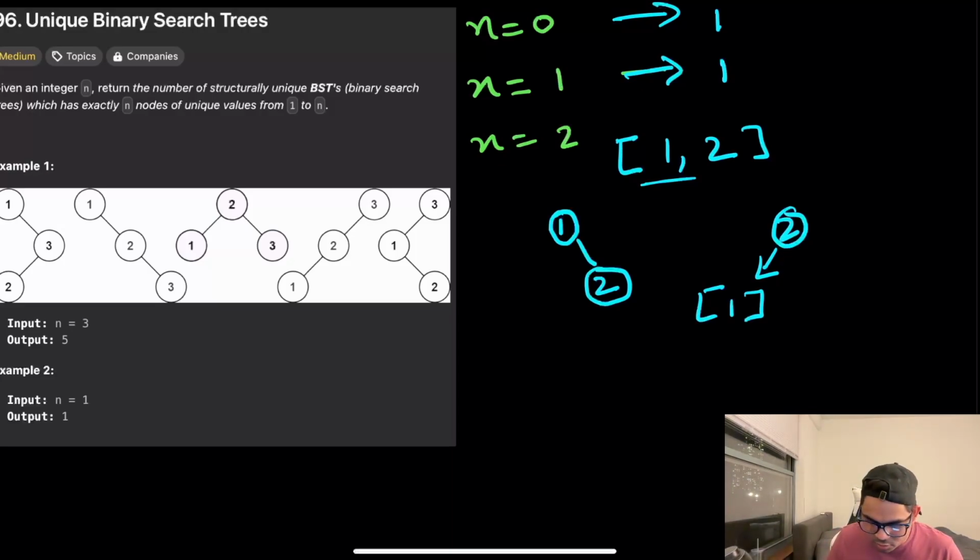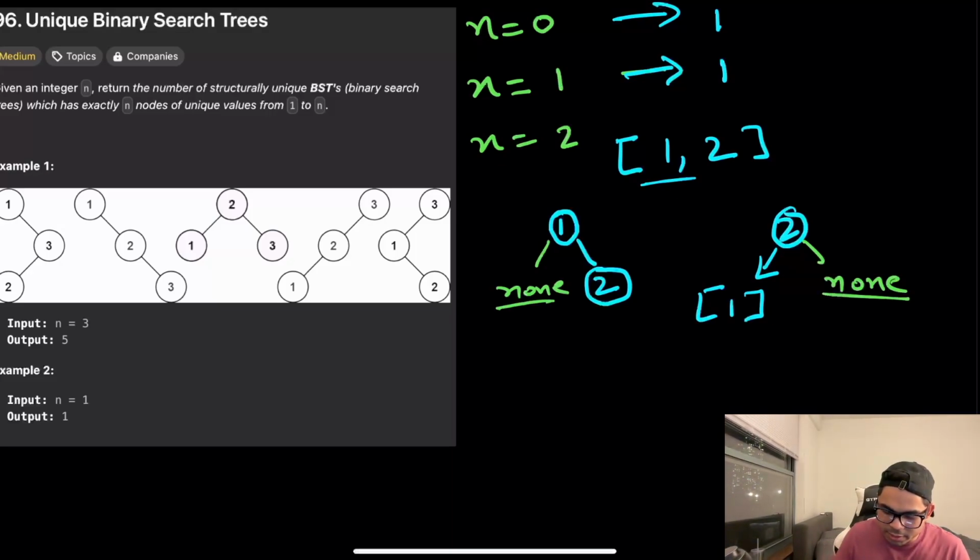Right, it's nothing, so it will be null. Null means from that side there will be 0 nodes that can come, which is null. So this side will be none and this side will be none. So tell me, how many unique trees can we create here? The answer is 2.